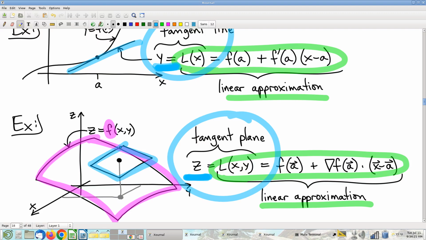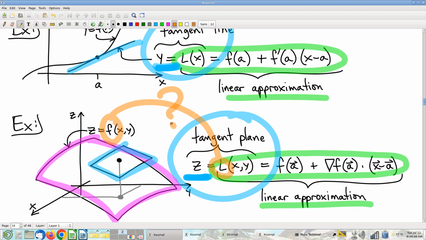We call that a tangent plane because, for one thing, it's a plane. And for another thing, it's a plane that's the graph of a function that has a lot in common with f, right? So the purple surface is what you get when you set z equal to f. The blue surface is what you get when you set z equal to L. They're not exactly the same functions, but they mimic each other.